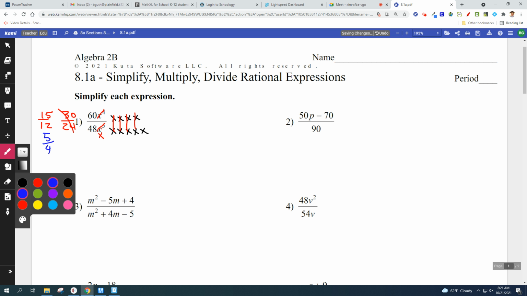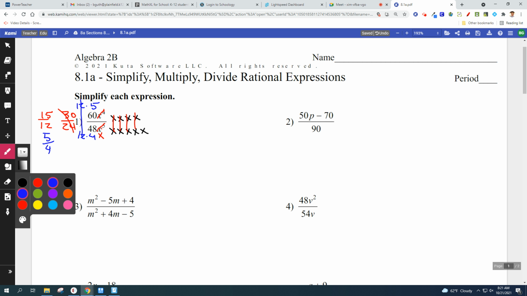That's reduced. All right. Now, a more efficient way would be to ask what's the greatest common factor of 60 and 48. And you could say, well, 60 is 12 times 5, and 48 is 12 times 4. So we can cancel out a 12. There's a faster way of doing it.